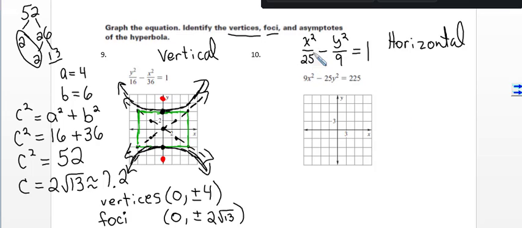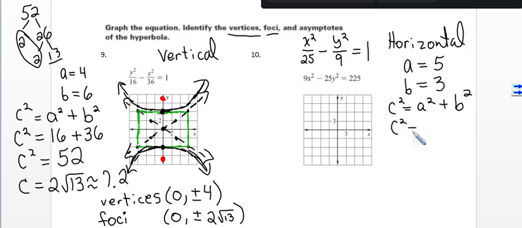The a squared is 25, so our value of a is 5. The b squared is 9, so our value of b is 3. Our c squared is equal to a squared plus b squared this time. So our c squared is 25 plus 9.